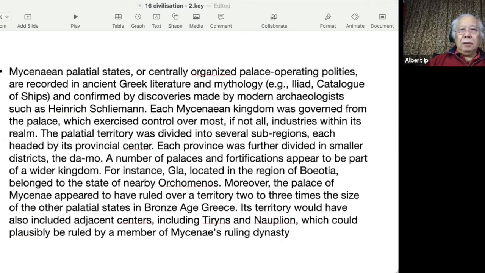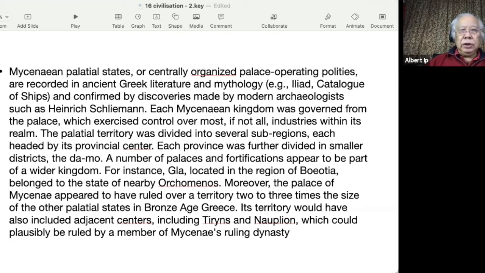They are based on palaces. So this is based on a big building in which the ruling family or ruling people will stay, and everything is around the palace. Each of these kingdoms was governed from the palace, which exercised control over most, if not all, industries within its realm.